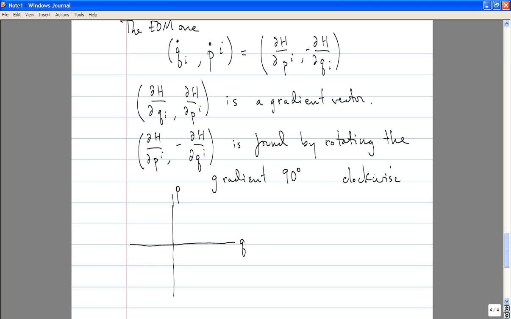So let's say that h is q squared plus p squared. That would be the simplest possible case. And in fact, let's even make it simpler. Let's write it as 1/2 of p squared plus q squared. So in that case, the lines of constant h would be circles.